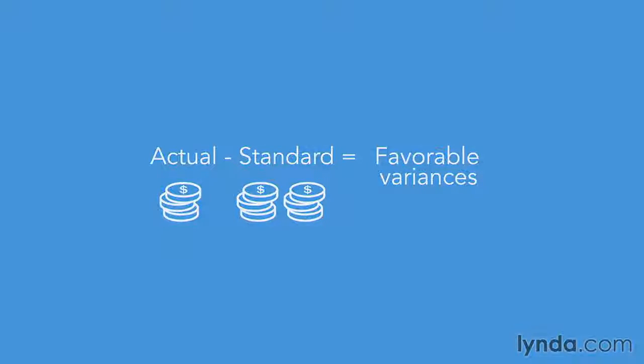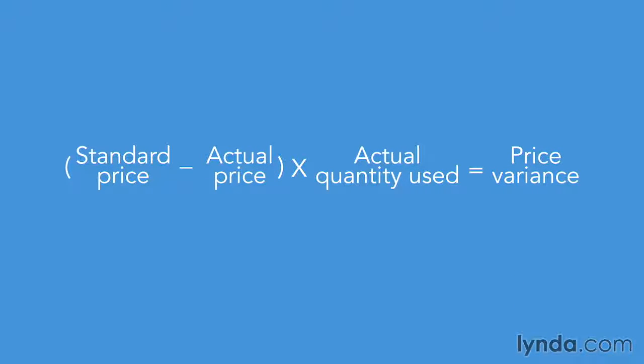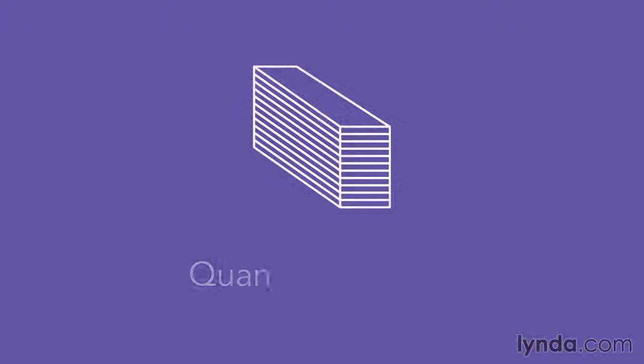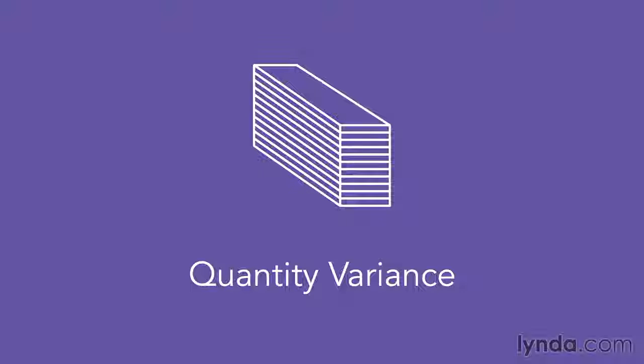It then makes sense to multiply the difference between these two prices by the actual quantity in order to measure the total financial impact on the organization of paying a price or rate that was more or less than was expected.